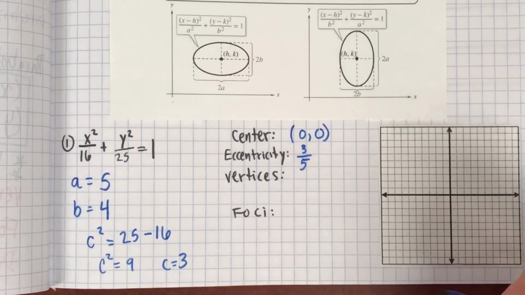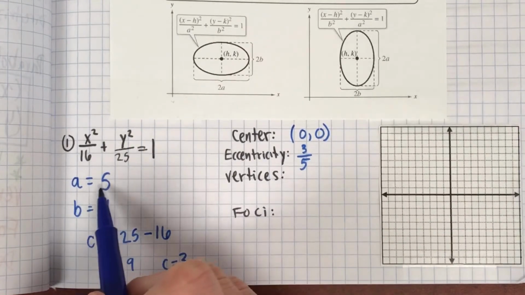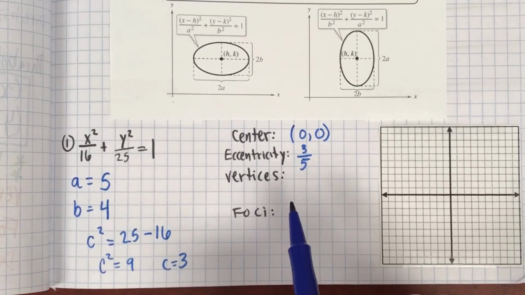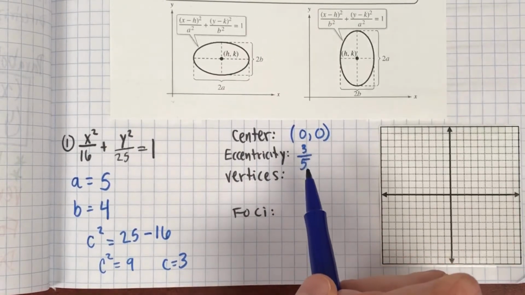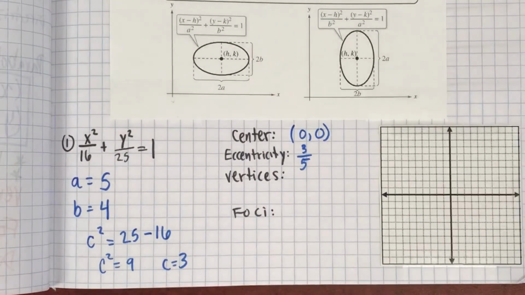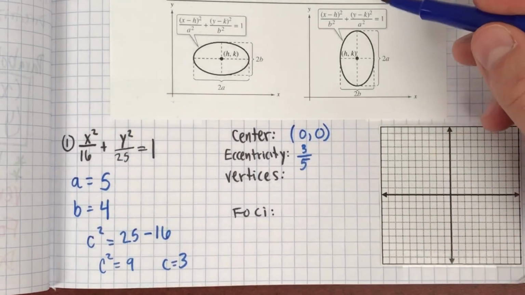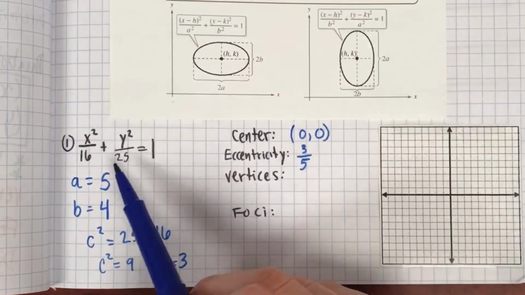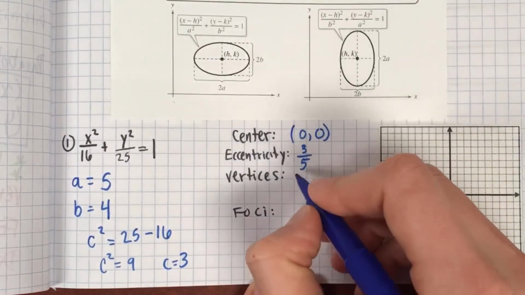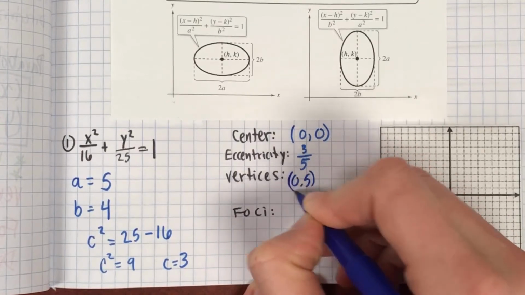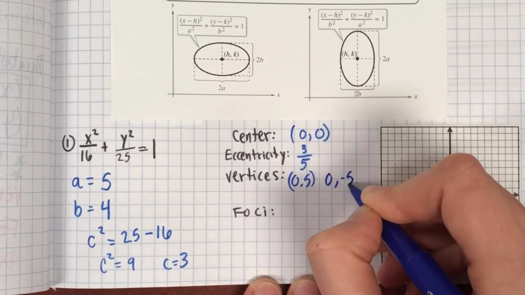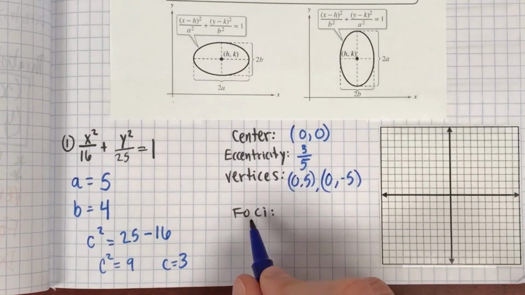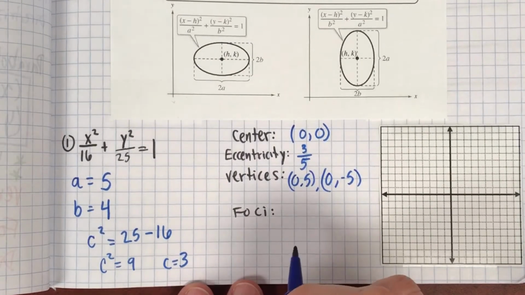Now our vertices, we're going to be using our a value. They are a units away from our center, and this is going to be a vertical ellipse since our a value is second. So these would be 0, 5 and 0, negative 5.